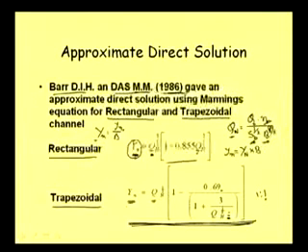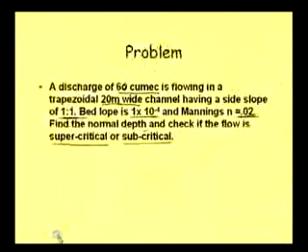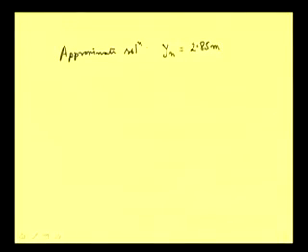So yn by b is capital Yn, so yn is equal to capital Yn into b. The yn that we get, I am writing here directly: 2.85 by the approximate formula of Bar and Das.